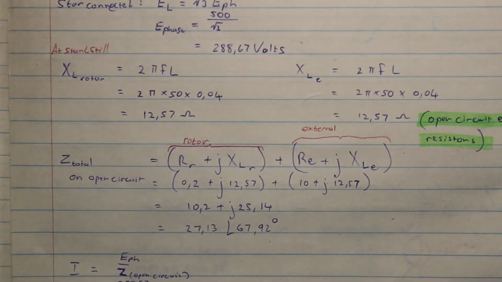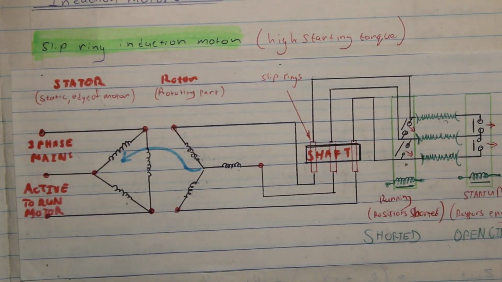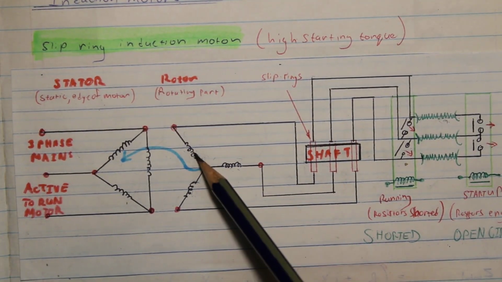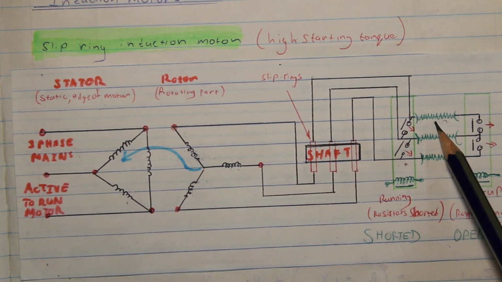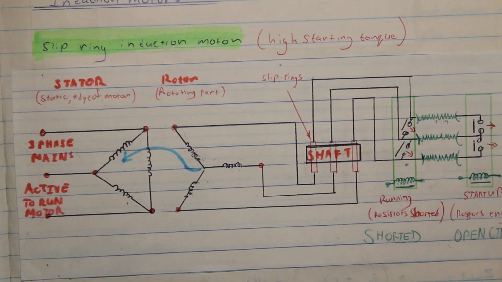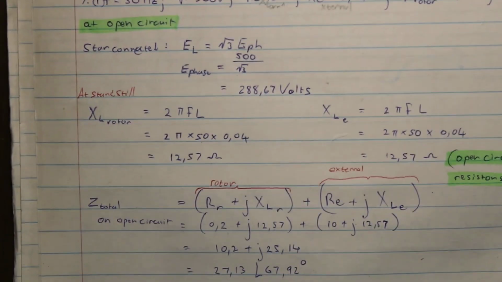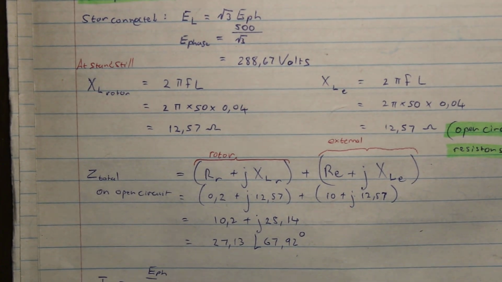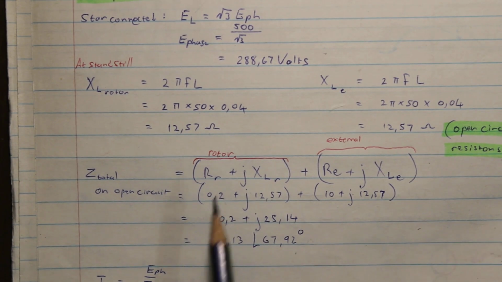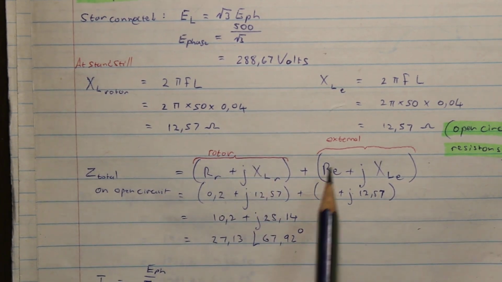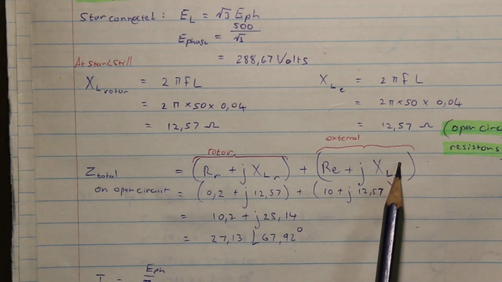Then, like we said in the previous picture here, how do we get the impedance? We're going to say the impedance of the coil plus the impedance of the external resistor, to get the total impedance on open circuit at standstill. So here I've bracketed this off. You can see here this is the rotor plus the external resistor.